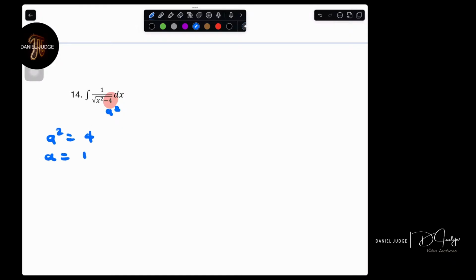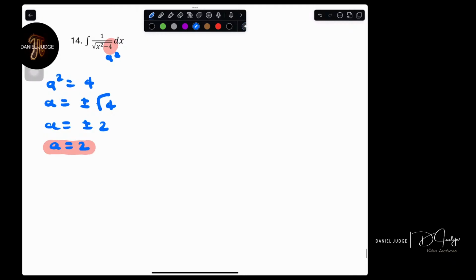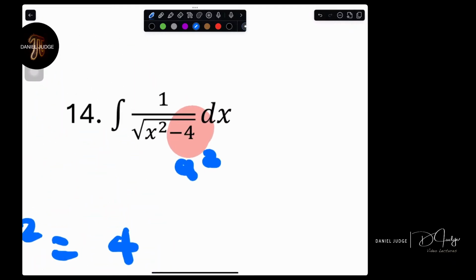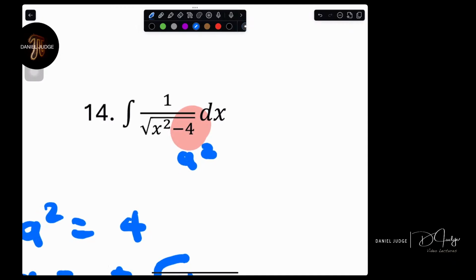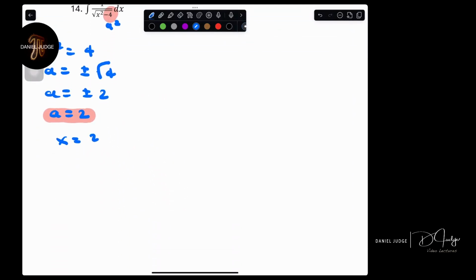A will be plus or minus square root of 4, or A is plus or minus 2. A is positive, so this is going to be a positive 2. So x in this case, because it's of the form square root of x squared minus a squared, x is a secant theta, so it'll be 2 secant theta.